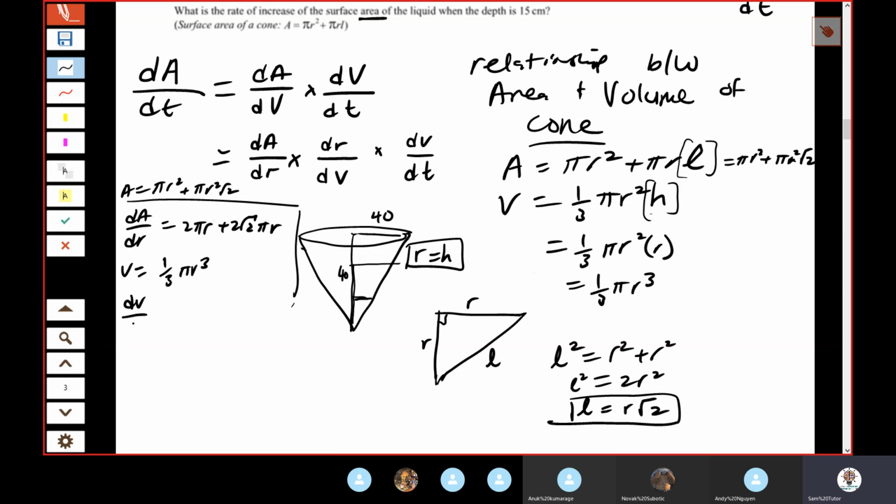That means dV on dr is equal to 3 times 1/3, which is gone, so pi R squared.